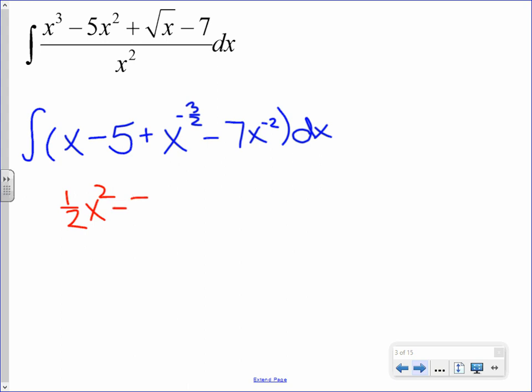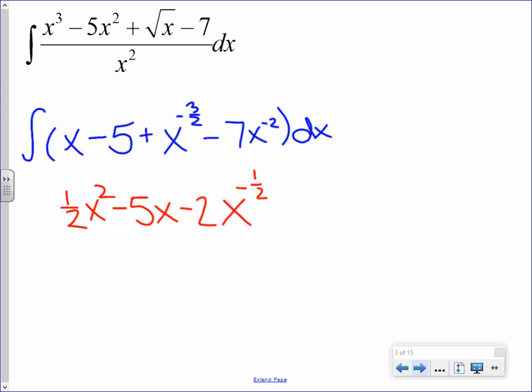Negative 5x. X to the negative 3/2. Callie, what would we do with that? Negative 2x to the negative 1/2, so our exponent's negative 1, multiplied by its reciprocal, negative 2.